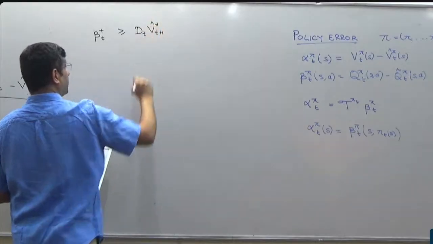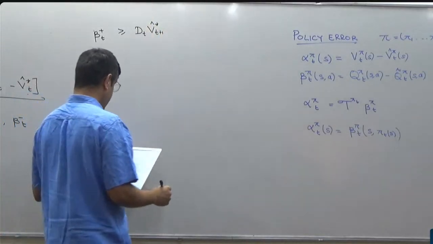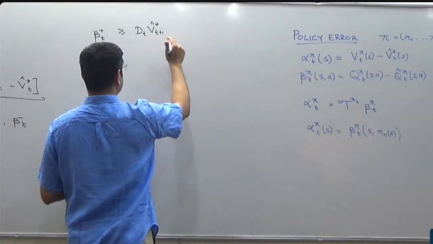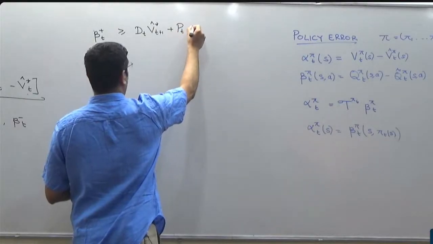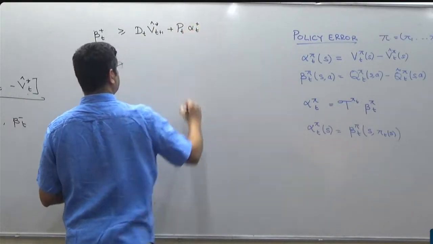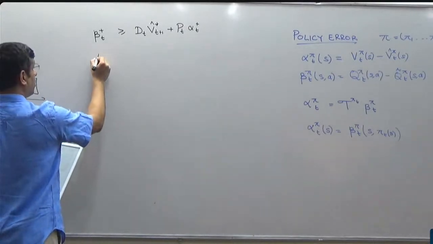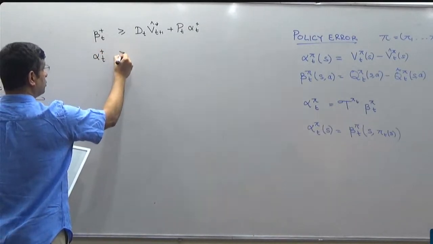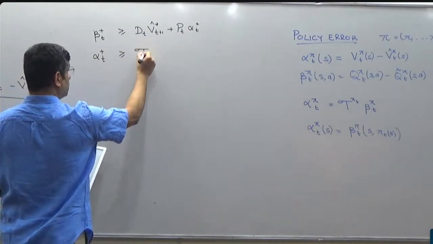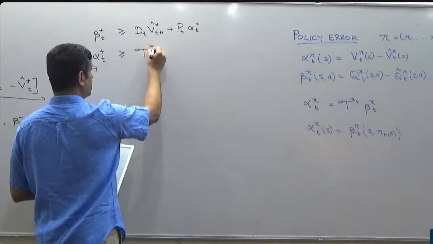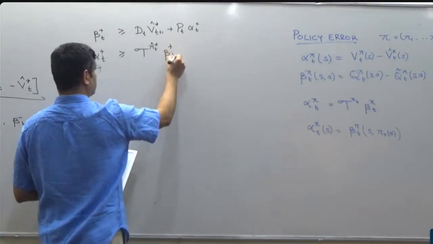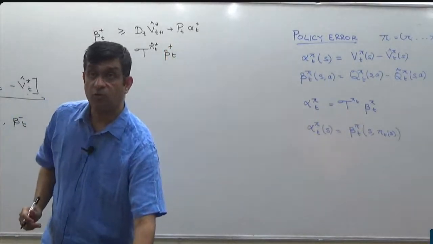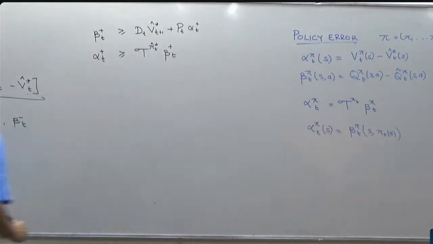Notice this was v hat pi hat star, but I can take it d hat star because the policies are the same, plus pt of alpha upper bar t, and I want alpha upper bar t to be greater than or equal to the operator corresponding to the pi hat star t policy, applied to beta positive t. This is the same style of getting upper bounds on the policy error as I had described here for the value error.